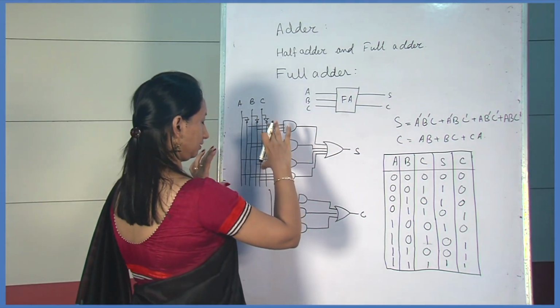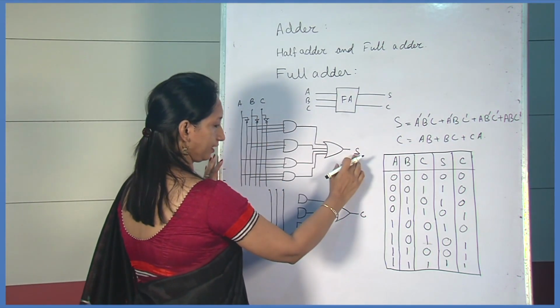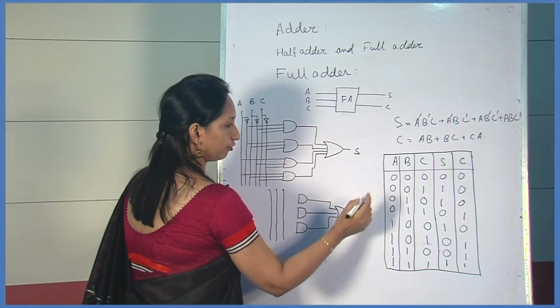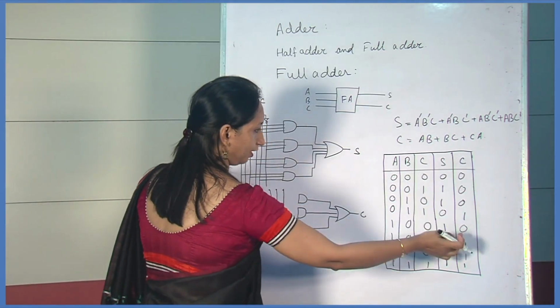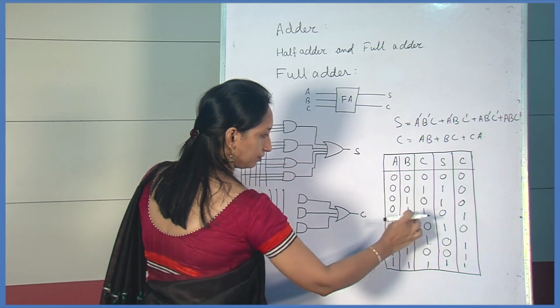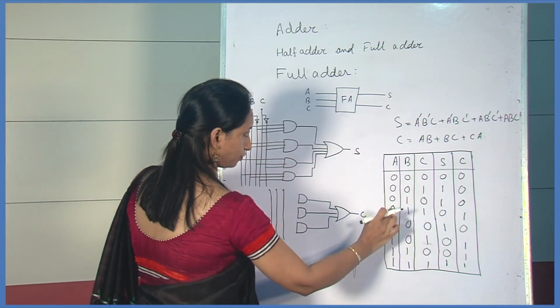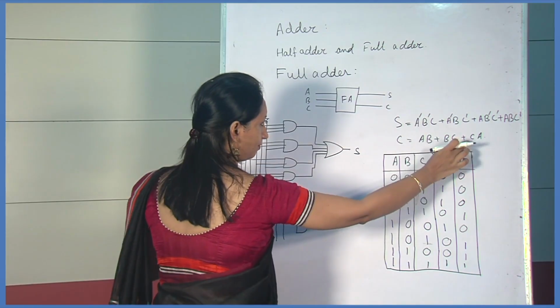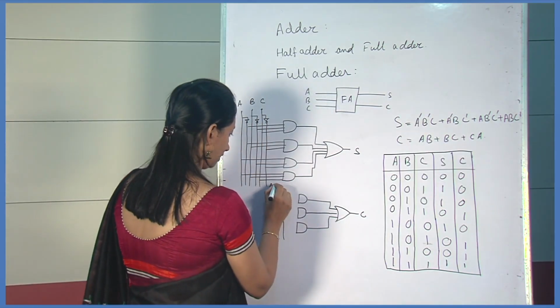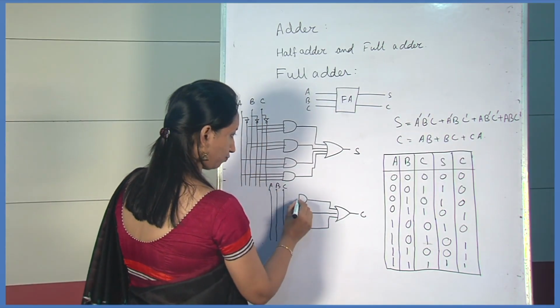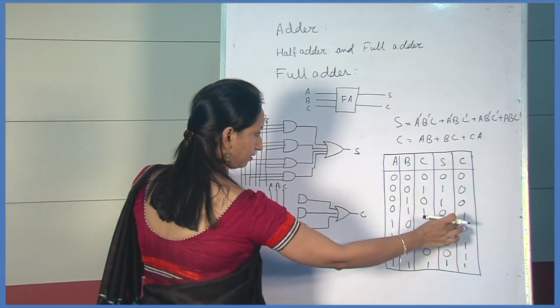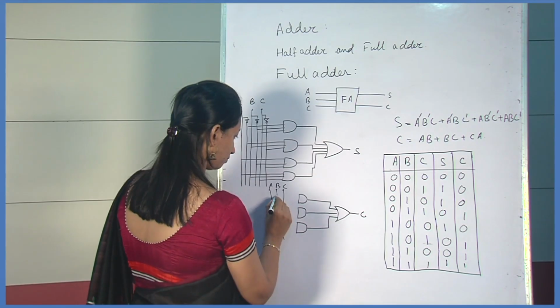So this is the logic diagram for the S output, and for the C output, that is carry, it is 1 when the combination is AB plus BC plus CA, these are the A, B, C. So first case, when it is high, that is BC.